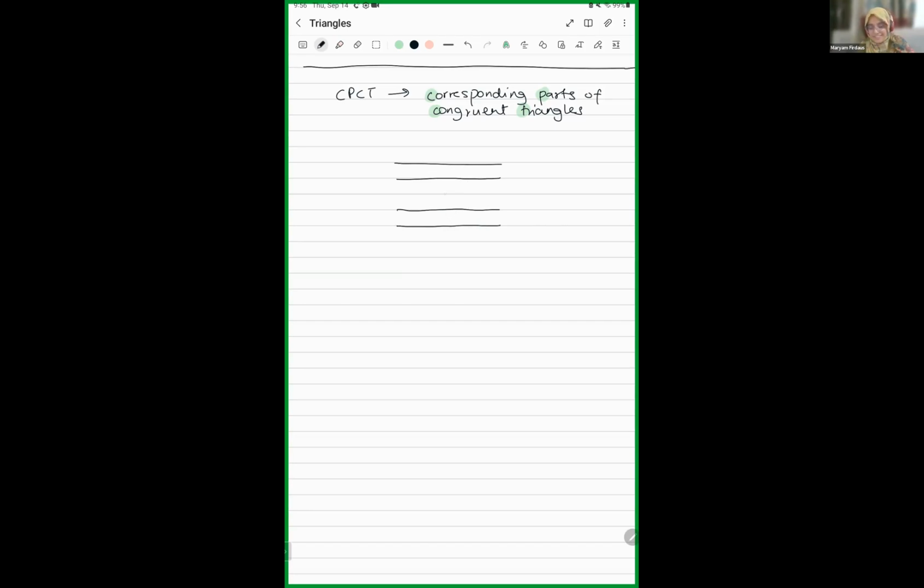See, corresponding means, for example, let's say I'm standing over here, and let's say I have an apple in my right hand. This is going to be my right hand, no? And similarly, let's say one of my friends is standing right in front of me, and she has a mango in her right hand.